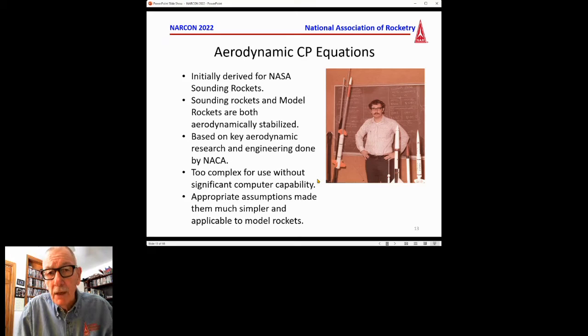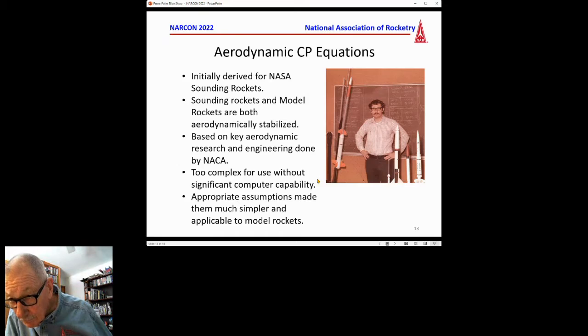Sounding rockets, by the way, are rockets that, like our model rockets, don't go into orbit, but they fly up quite high, and in many cases into the space environment, but they don't have the energy to take them all the way into orbit. And typically you need very careful thrust vector control to get to orbit, because you need to orient your thrust in the proper direction.